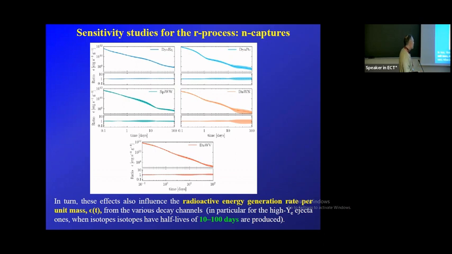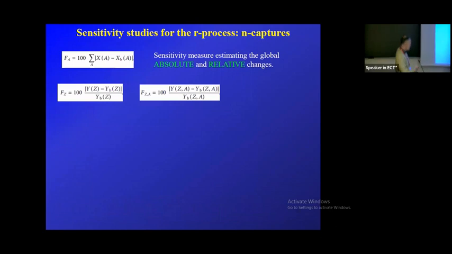Obviously, the largest variations are obtained at late times, because that is when long-lifetime isotopes, long for the r-process, are at play. Just to make an example, this is how we proceed.